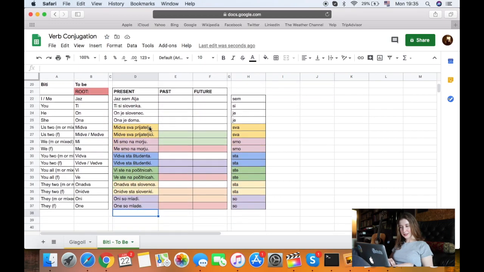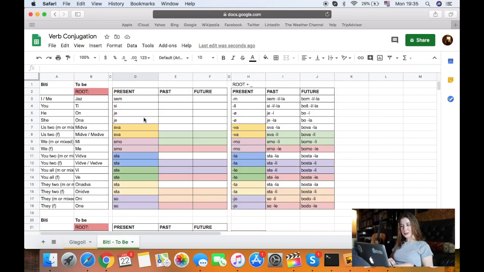So one more time. Now we did examples for the present. Jaz sem, I am. Ti si, you are. On je, he is. Ona je, she is. Midva sva, we are. Midve sva, we are. Mi smo, we are. Me smo, we are.